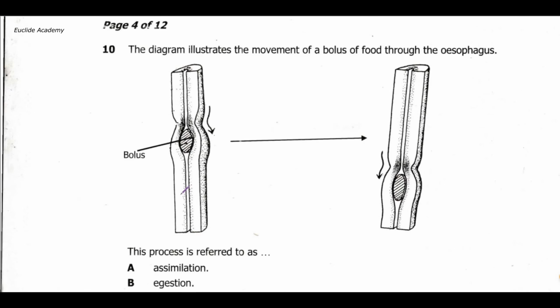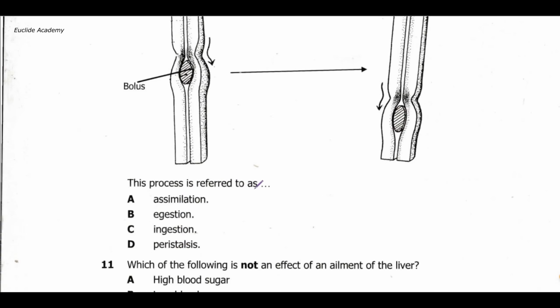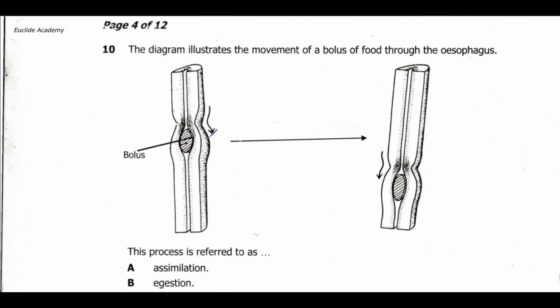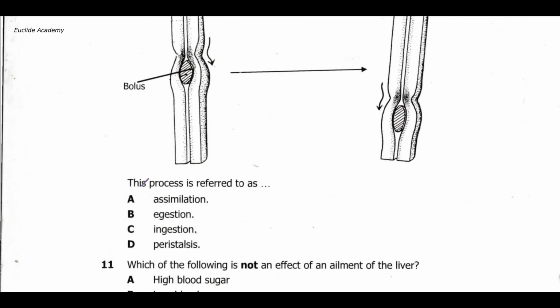The diagram illustrates the movement of a bolus of food through the esophagus. There's this wavy structure in the esophagus. This process, where there's this rhythmic movement, is actually called peristalsis.